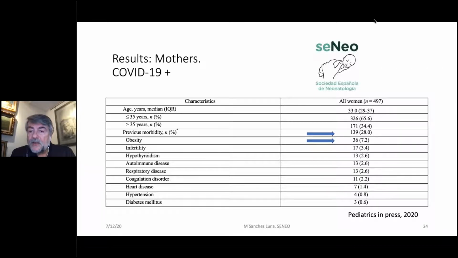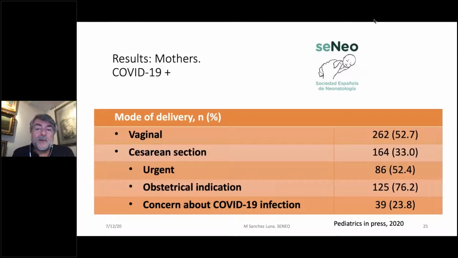As you can see, 28% of the mothers had a previous clinical condition that most of the time was related to obesity, infertility, or hypothyroidism. These data are very similar to most of the data published in other registries and studies: obesity increases the risk of being COVID-positive in pregnant women.